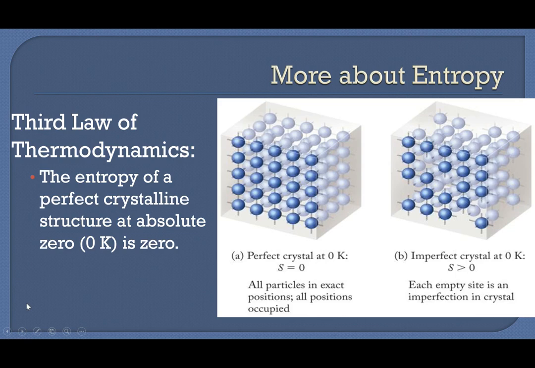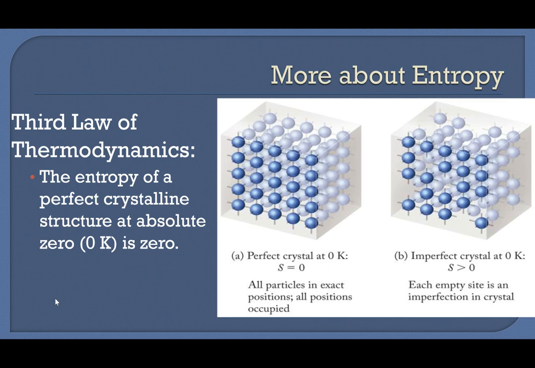All right, so last thing I want to talk about before I wrap up this section is the third law of thermodynamics. So we had the first law of thermodynamics, energy is neither created nor destroyed. Second law, entropy of the universe is always increasing. We're always getting messier.